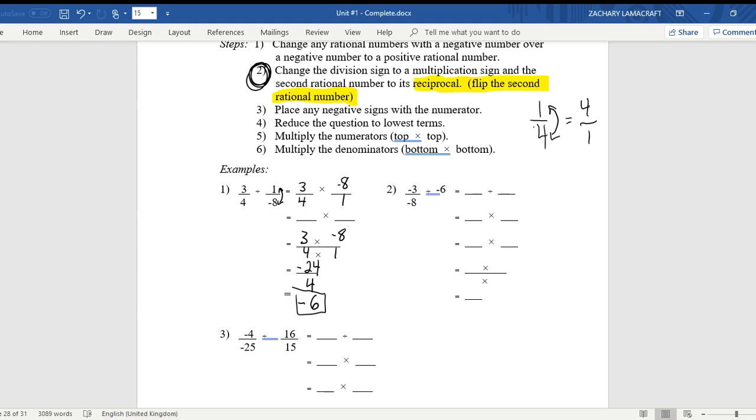For our next one, remember that if we have 2 negative numbers, it becomes a positive. So negative 3 over negative 8 would become 3 over 8. And remember that our whole numbers are always over 1. Now, the problem with this is that it's division. So it would be divided by negative 6 over 1. Now, in this case, when we rewrite it, we need to flip these two numbers because it's division, and it becomes multiplication. So 1 would become on top, and we always keep that negative on top, and 6 would be on the bottom.